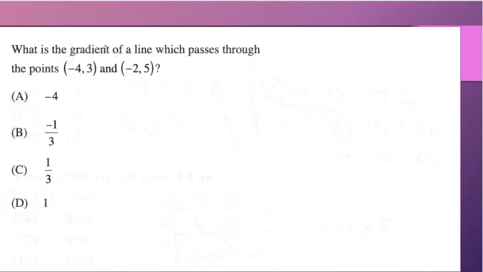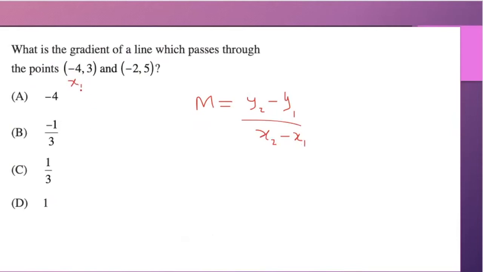What is the gradient of a line which passes through the points (-4, 3) and (-2, 5)? Now, the gradient m is equal to y2 minus y1 over x2 minus x1. What I'm going to do is label my coordinates.